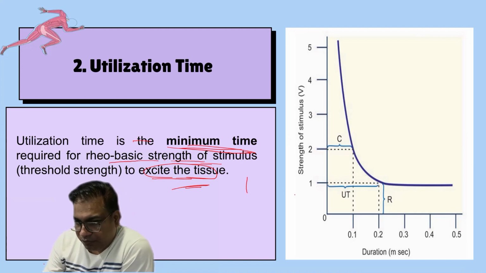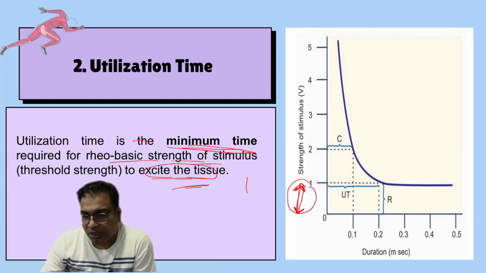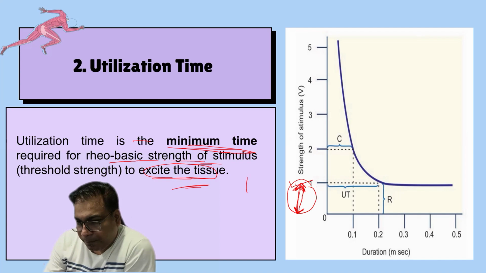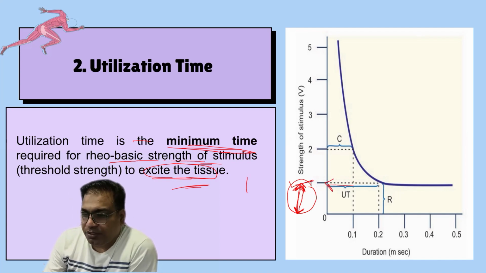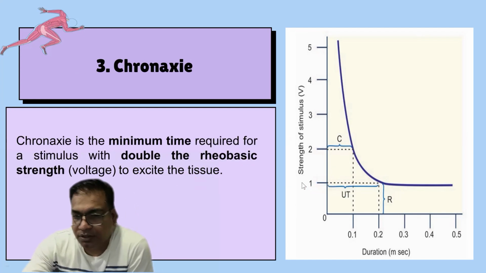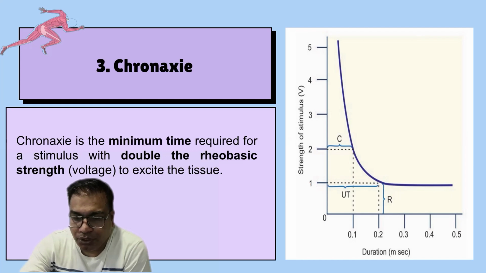In this graph, we can see this is the minimum strength of stimulus which is required to excite nerve or muscle. This minimum strength is called rheobase, and this is the duration for which rheobase strength should be applied to excite the tissue.